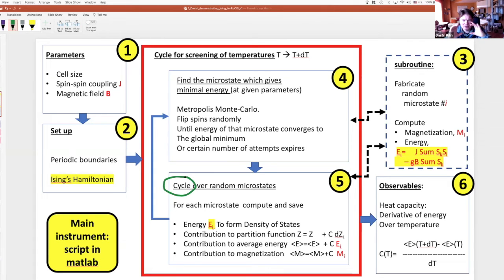But as soon as we grow the size of the simulation cell, the number of possible microstates will be 2 to the power of the number of sites, number of atoms.